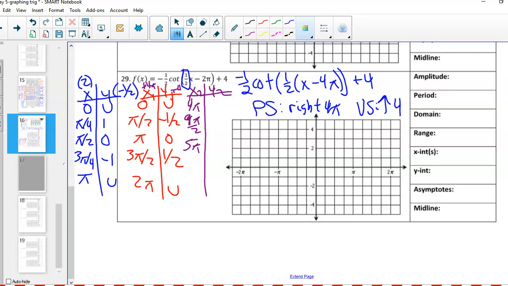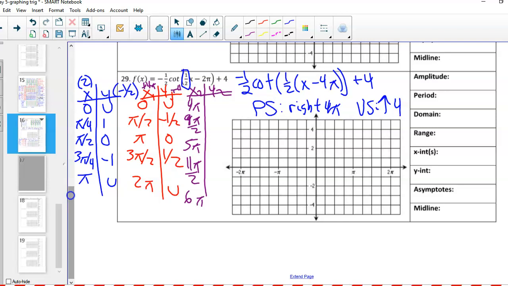What was the transformation for the second table? Add 4 pi to your x's. Add 4 to your y's. What did it say? 5.5. 2 times 8.